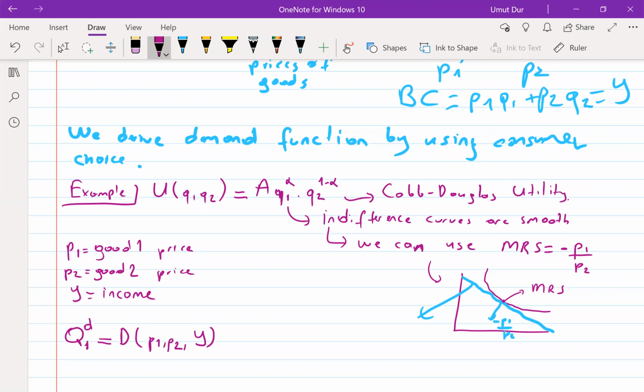Here, your answer is in fact coming from the utility maximization.